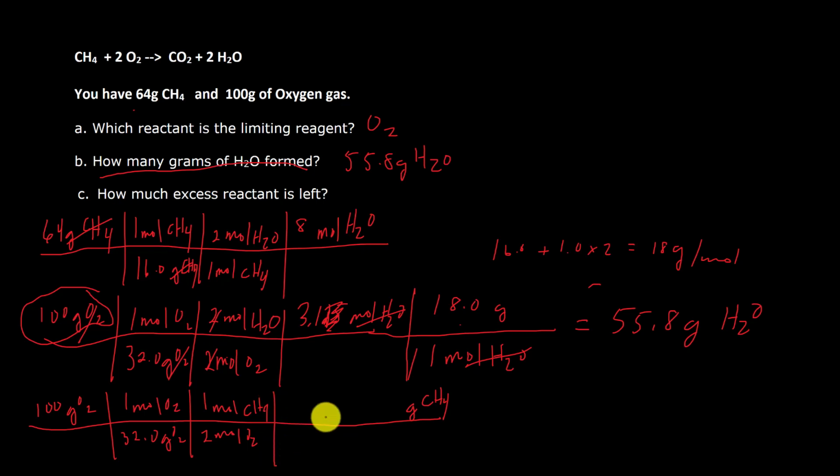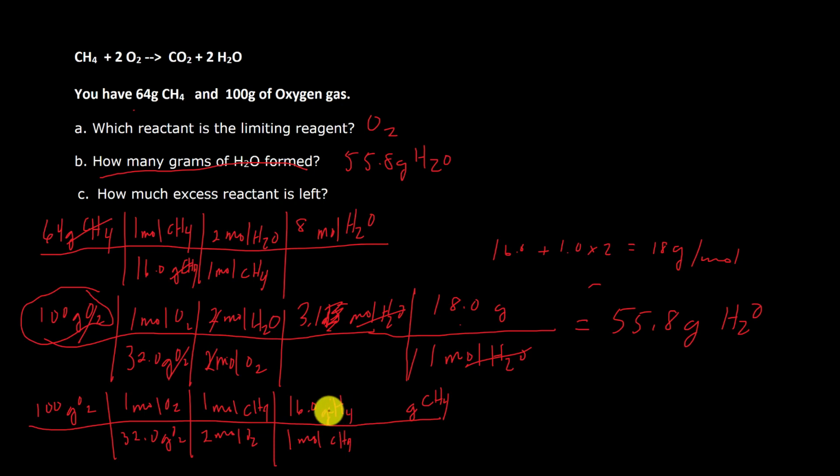And then we're going to have to go to grams. And so we already figured this out up above, 1 mole of CH4 for every 16.0 grams of CH4. Let's put that in there.